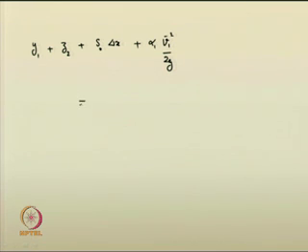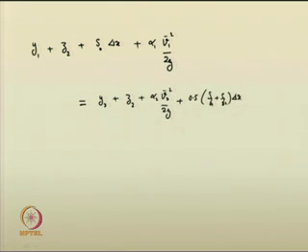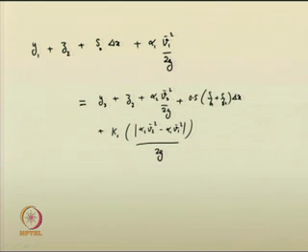Just rearrange the terms, you will see that y1 plus z2 plus S0 into del x plus alpha 1 V1 squared by 2g is equal to y2 plus z2 plus alpha 2 V2 squared by 2g plus 0.5 into SF1 plus SF2 into del x, plus the coefficient KL into the modulus of alpha 2 V2 squared minus alpha 1 V1 squared by 2g.